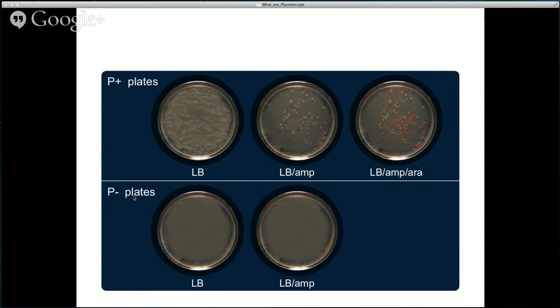Now we go over down here to our control, our P- plates. Again, we expect to see a lawn on LB because it's just food, but you should see absolutely no growth on the LB amp plates. Why? Because it does not have any plasmid that has the ampicillin-resistant gene. So I want you to study this very carefully. This will be on your quiz.